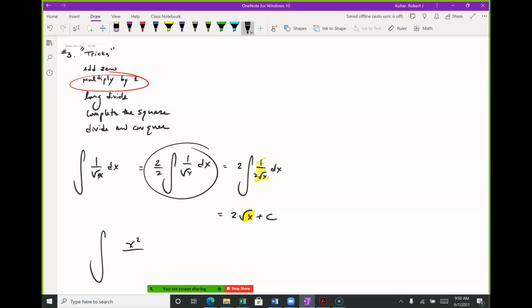Got x squared over 1 plus x squared dx. So this one, I'm looking for, what's the highest power of the numerator? It's x squared, right? And what's the highest power of the denominator? It's squared. So in that case, I want to long divide, okay?